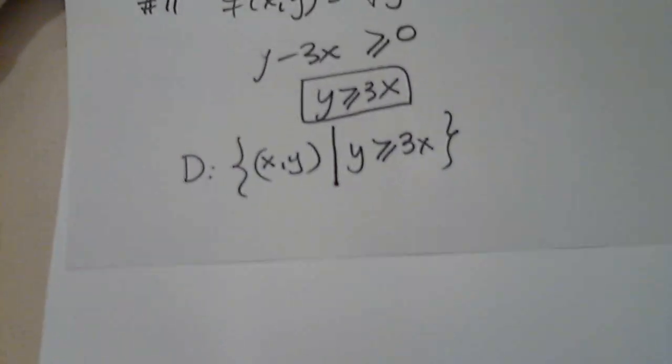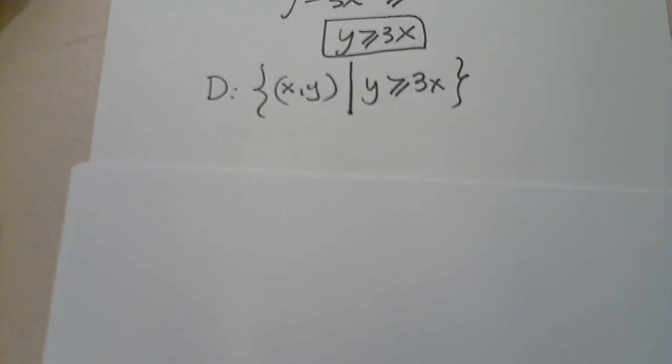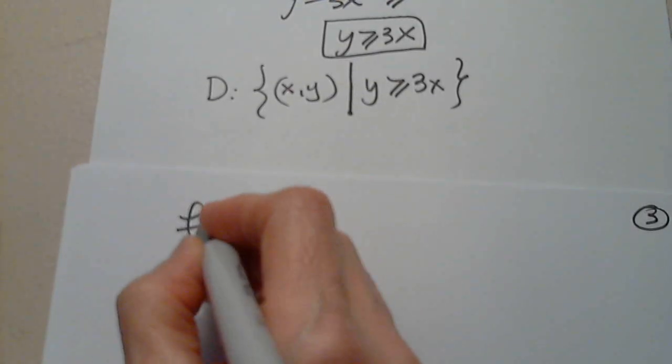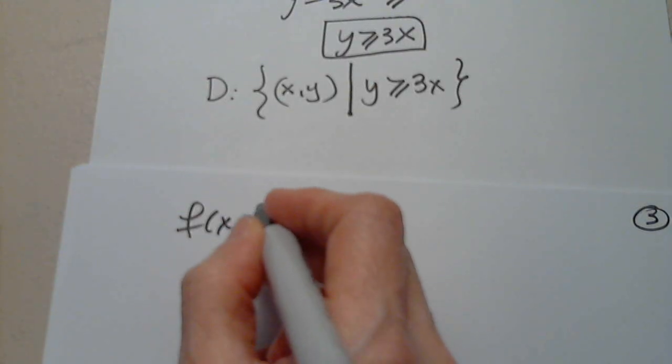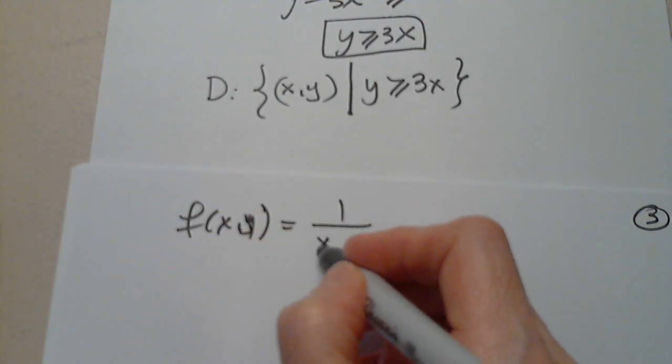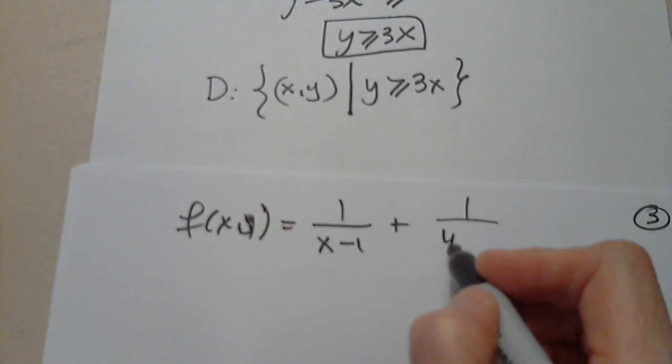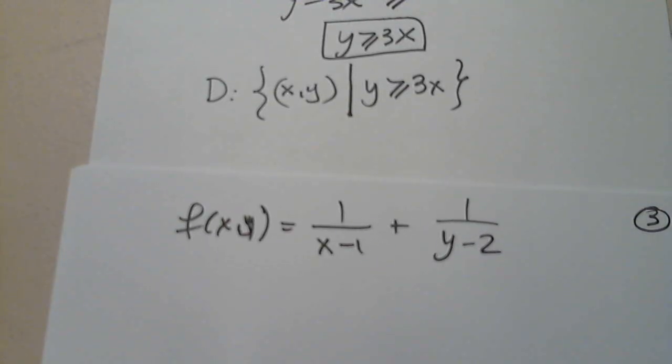Let's look at another. I'm going to create one. So let's say I have f of x and y as 1 over x minus 1 plus 1 over y minus 2. Can anyone tell us what conditions I have to write, what restrictions for the variables?